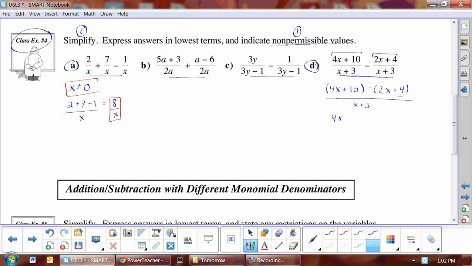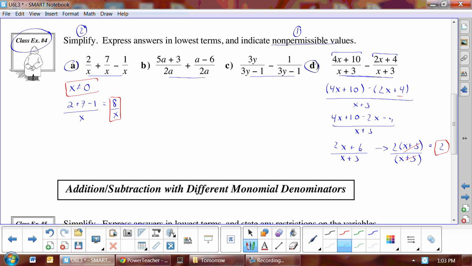And if you know that you'll always remember to do that, you don't have to put the brackets in. Okay, so minus 2x minus 4 over x plus 3. We have 2x plus 6. Okay, and then this one you can see that we have a GCF in the top. So we have 2 times x plus 3 over x plus 3. So we can cancel these out. And we get our answer to be 2.